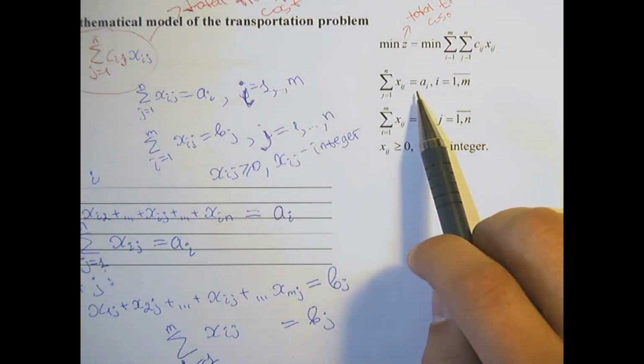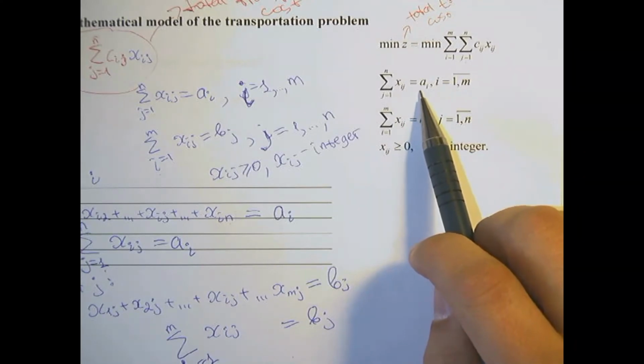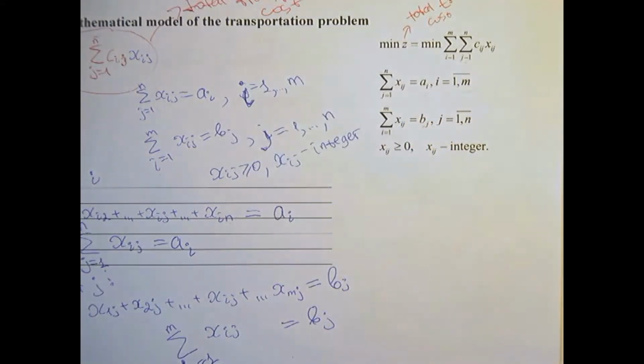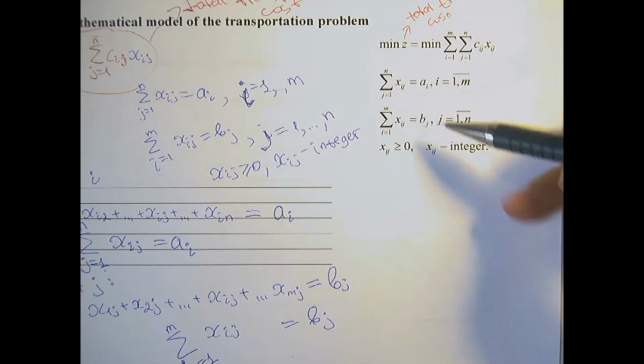But may we guarantee that we may take all production volumes at each production place? The answer is no. We cannot guarantee that we will take all the produced amount, because we produce more than our customers need.